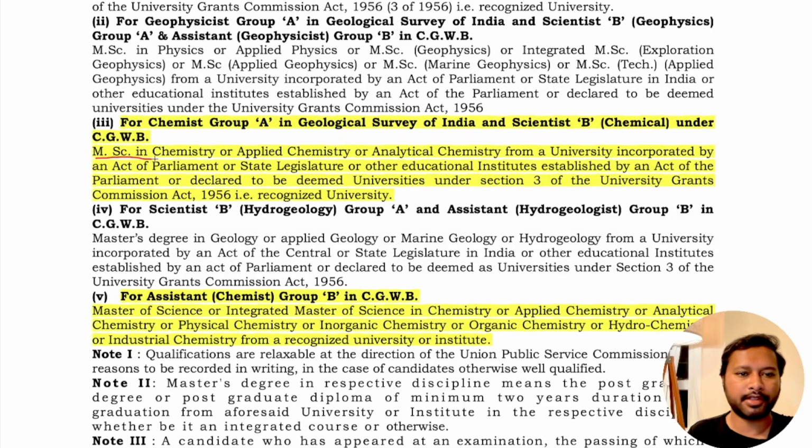You require an MSc in chemistry or applied chemistry or analytical chemistry from a university incorporated by Act of Parliament or state legislature, or other educational institute established by the Act of Parliament or declared to be deemed universities under Section 3 of the University Grants Commission Act, UGC 1956, that is a recognized university. So if you have done your masters from any recognized university, MSc in chemistry or applied chemistry or analytical chemistry, you can apply for that.